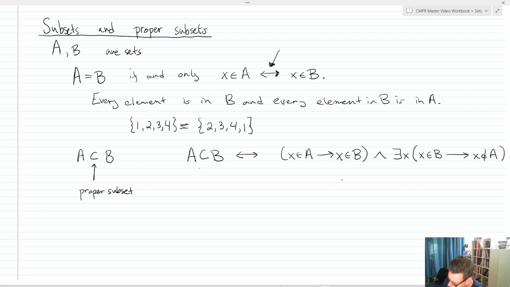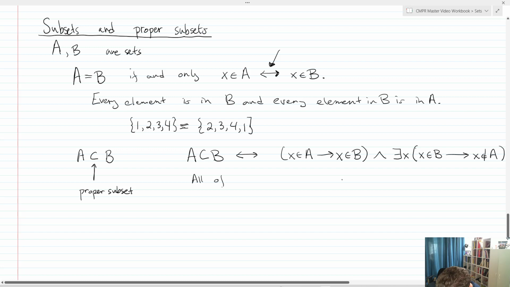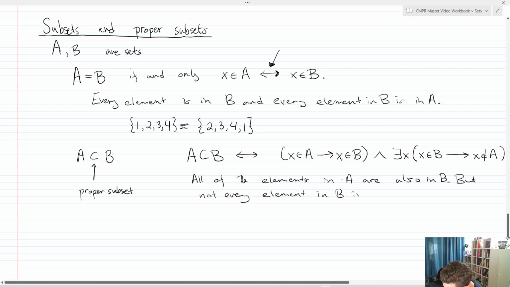That's the idea. So all of the elements in A are also in B, but not every element in B is also in A. So the idea here is, say for example, I have 1, 2, 3, 4, 5, and we let that be B, and A will equal 2, 3, 4.